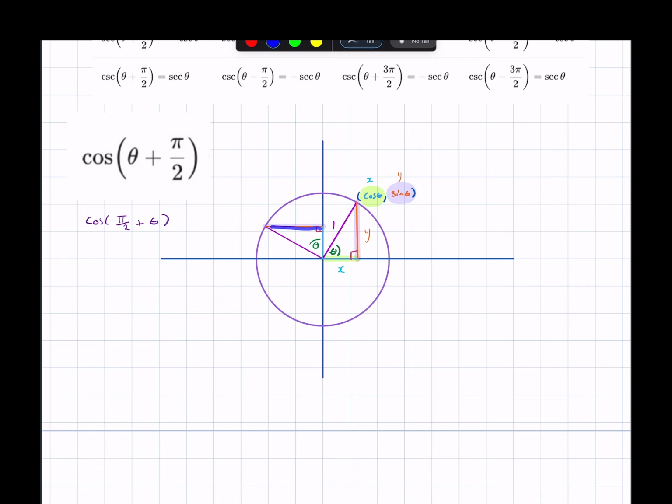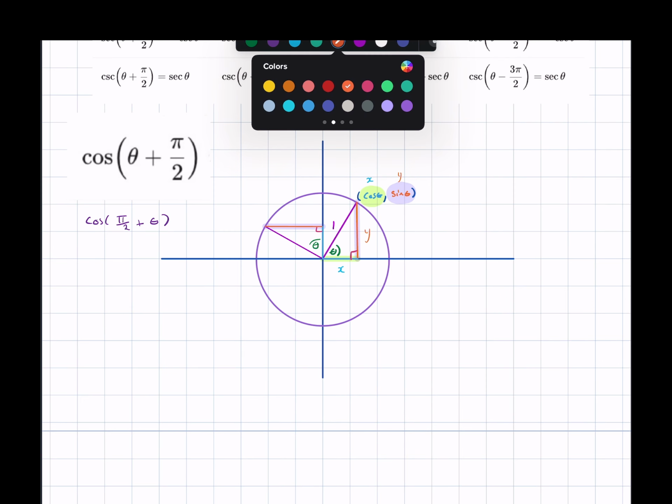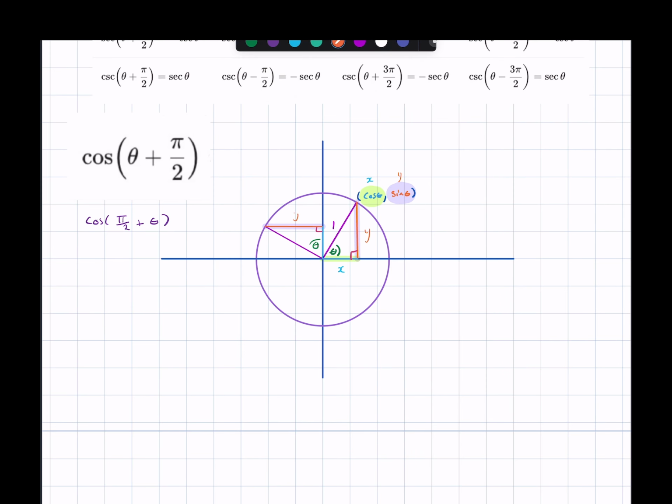So this y here, that kind of blew the secret, that orange side here is the same as the y here, right? These are the same distances. Also, this distance here, this vertical distance, is the same as that x distance, right? It's the same as the horizontal distance we went over here. Why? We can solve for that side using the Pythagorean theorem, because this is the unit circle, right?